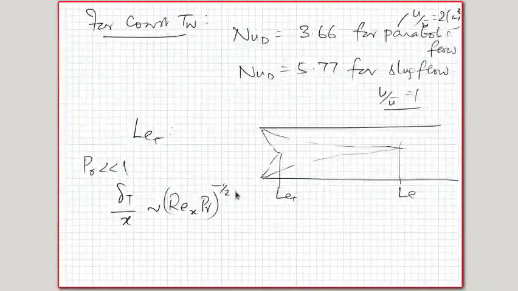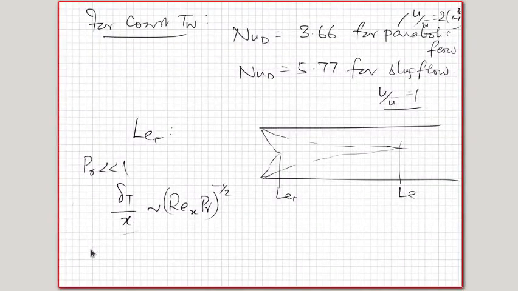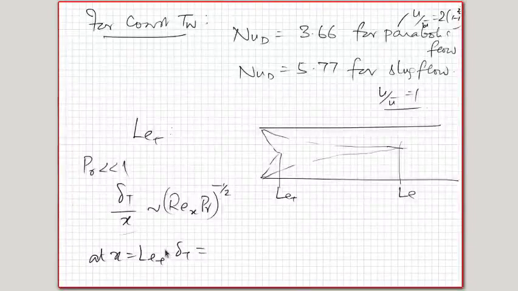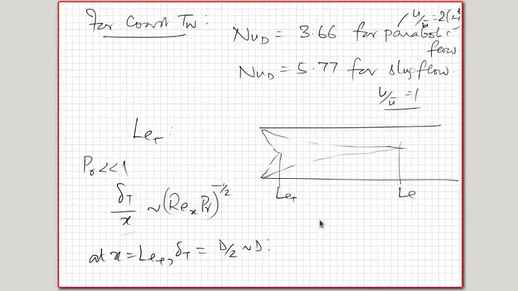In the same way as we can derive for delta, if I say at x equal to L_ET, delta_T equal to D by 2, or of the order of D, then I'll be able to write L_ET by D is of the order of Re Pr.